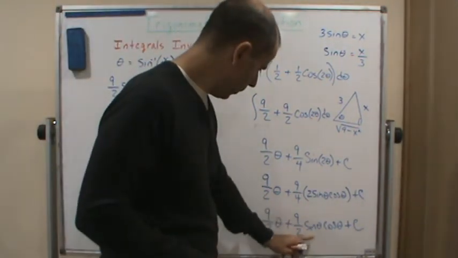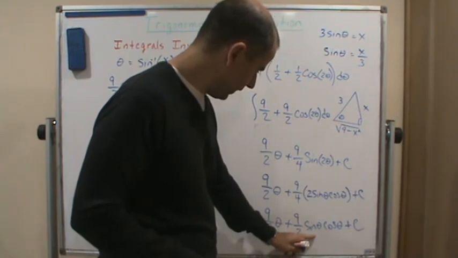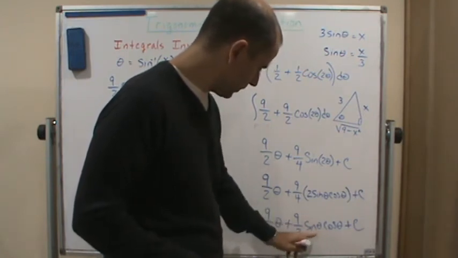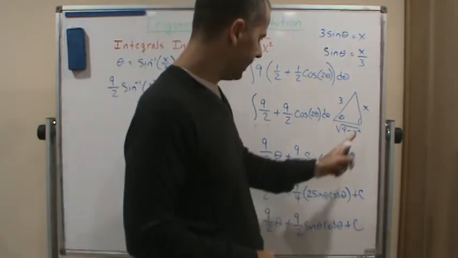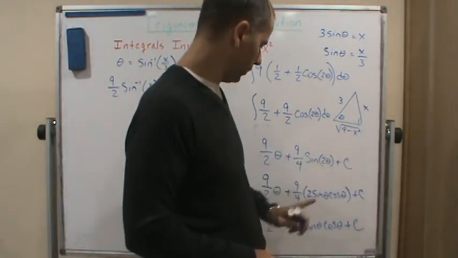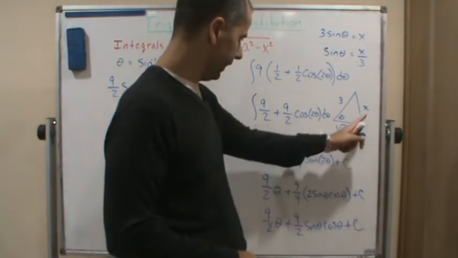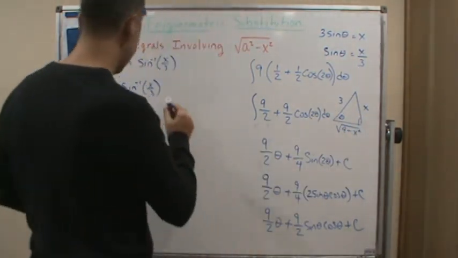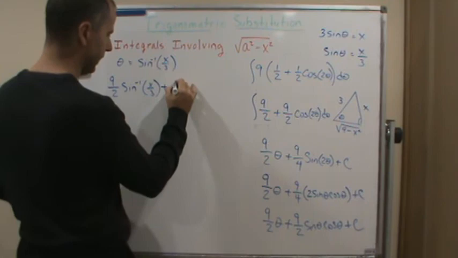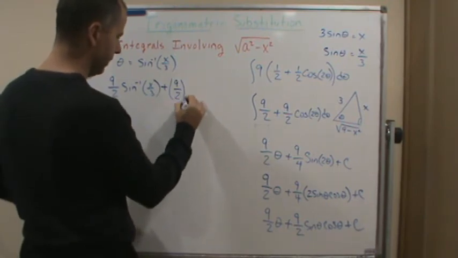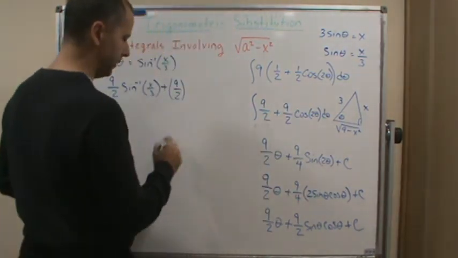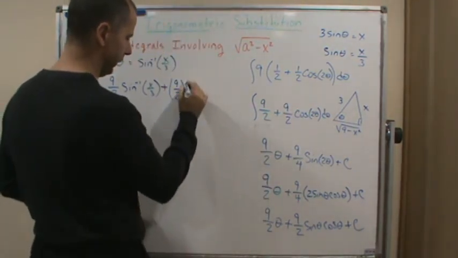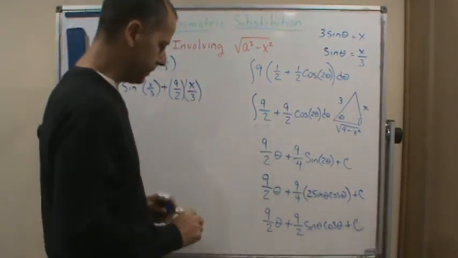this? Well, what is sine theta cosine theta? Well, what's sine theta? Sine theta is opposite over hypotenuse. So I get x over 3. So I get 9 halves, so let's put plus, 9 halves times sine theta. That's opposite over hypotenuse. So I'm going to get x over 3 times cosine theta.